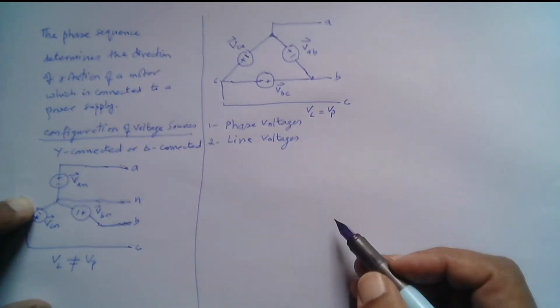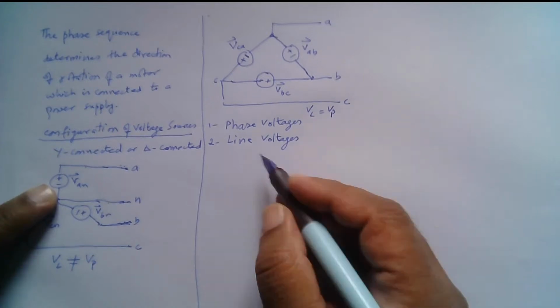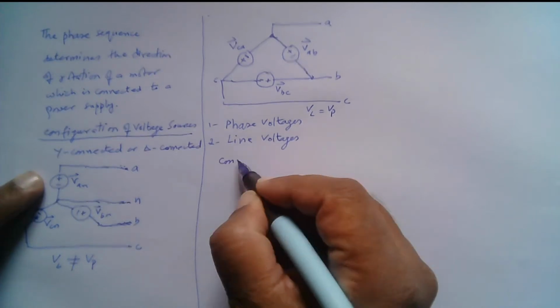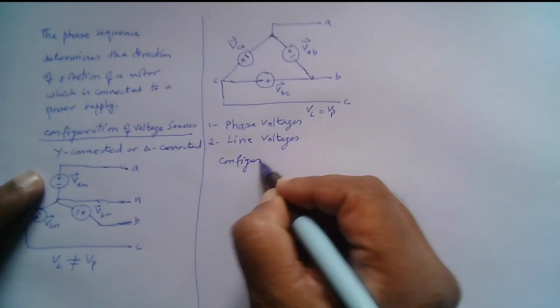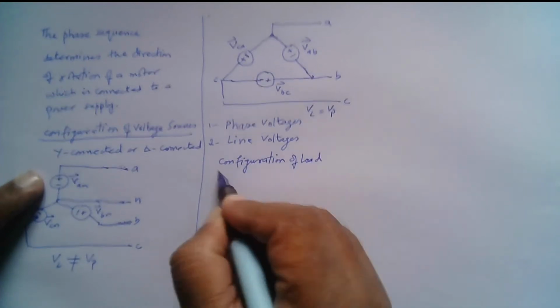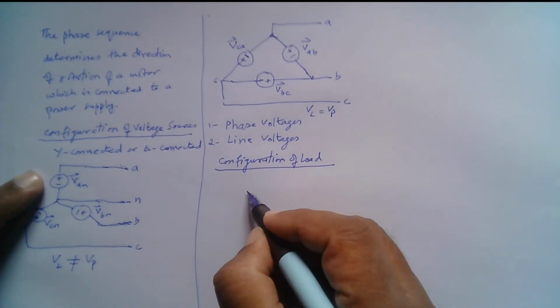Before we do that, let's also consider the load connections. These were the source connections; now the configuration of load. Load in a similar way can be Y connected or delta connected, right?